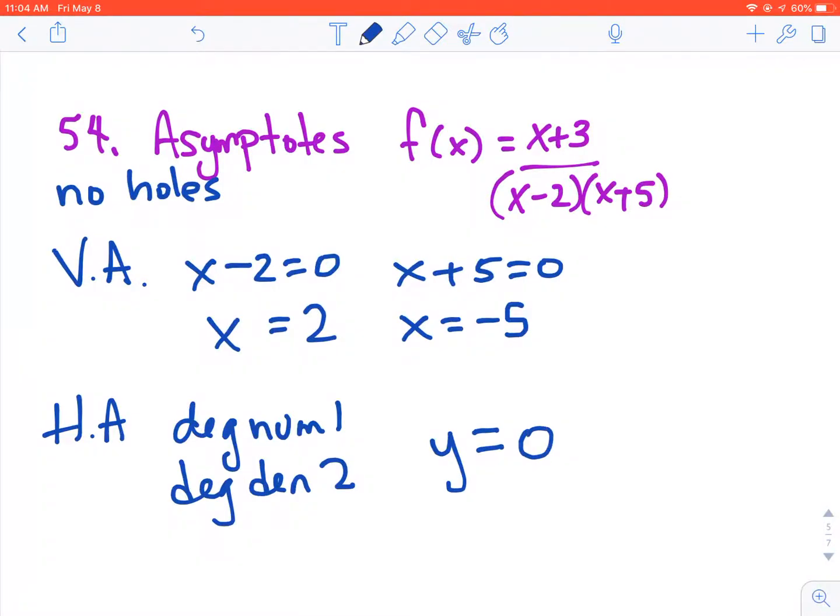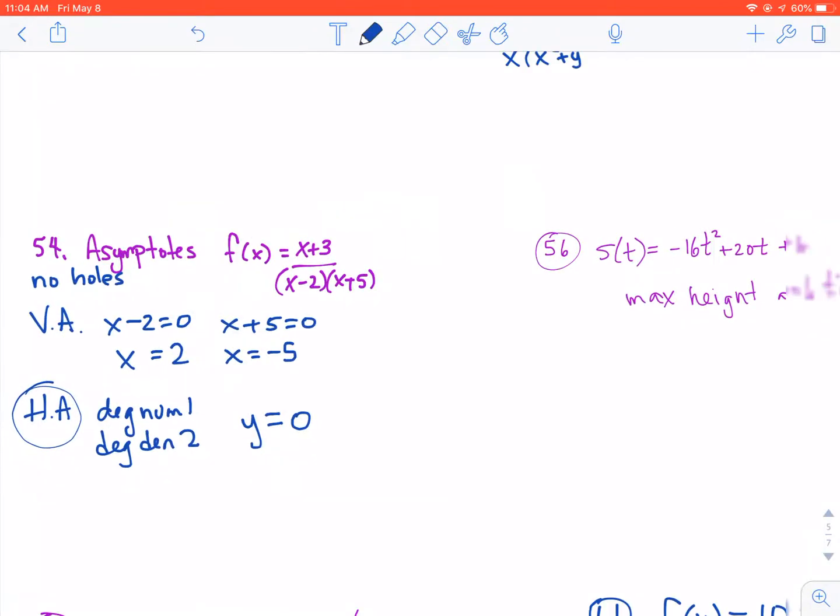When they're equal degrees, I look at the leading coefficients. When the top is bigger than the bottom, there is no horizontal asymptote. Remember, you can also graph it and kind of double check that. But I would write down the rules for my horizontal asymptote. Remember, there were 3 of them. I'd write those down so I could use that for my final exam.